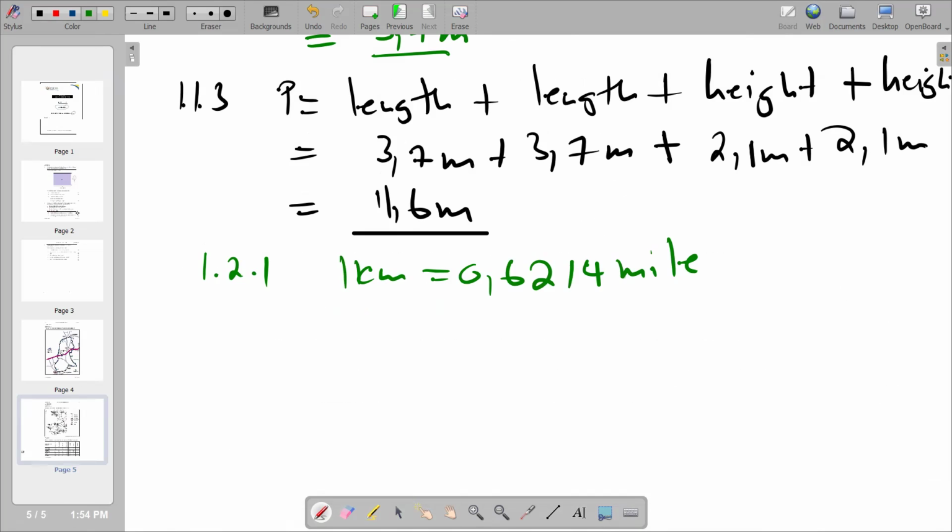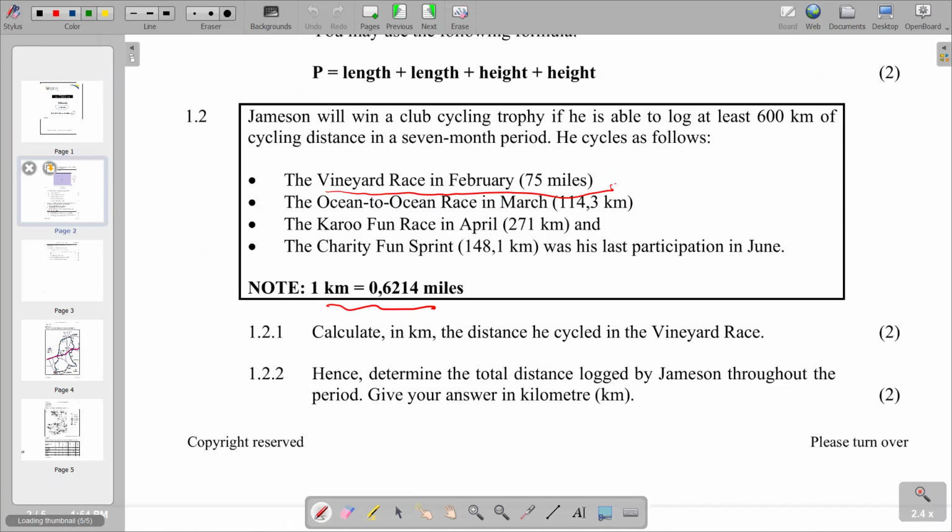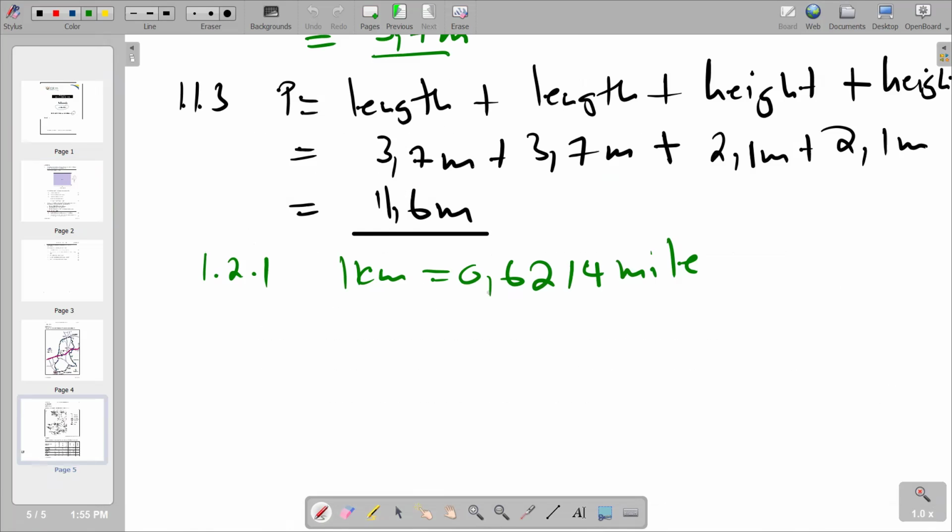And we want to convert 75 miles, so that's the question mark. The one that we want to convert becomes the numerator.